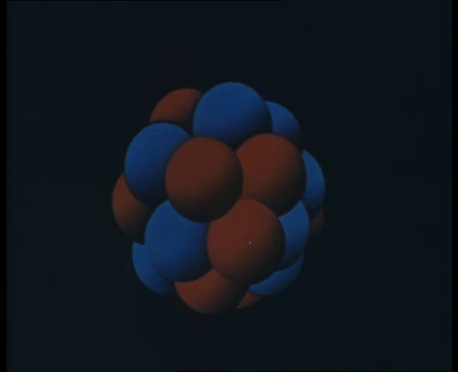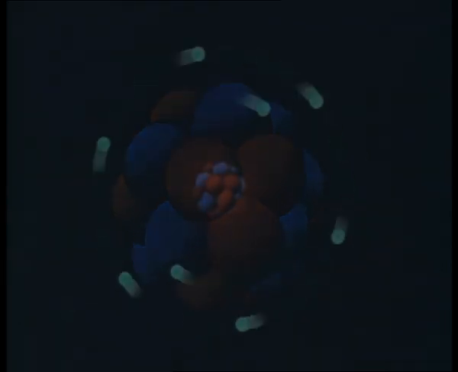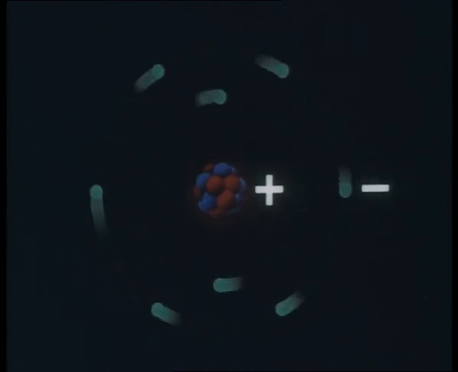The nucleus consists of protons, which are positively charged, and neutrons carrying no charge at all. The atom itself is electrically neutral because the positive charge of the protons balances the negative charge of the electrons.